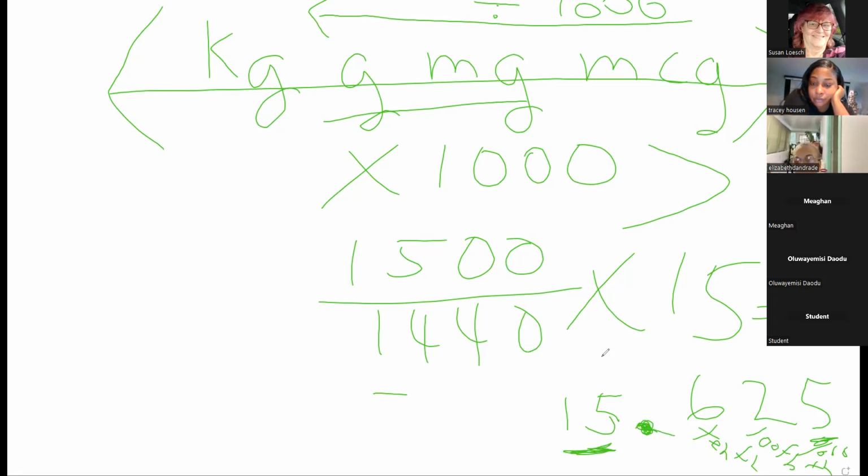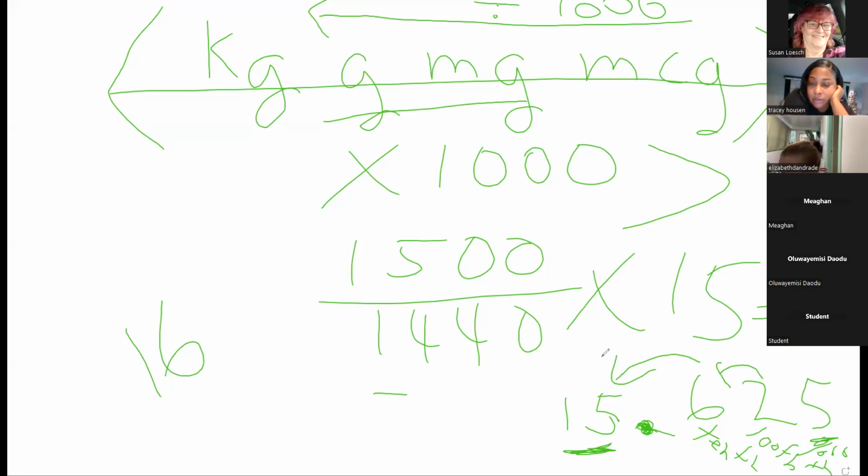So when you're rounding to a whole number, this dictates. So what would your whole number here be? 16. Okay? If you were rounding to the nearest 10th, this too is going to dictate. So what would happen with that 6? It will stay the same.